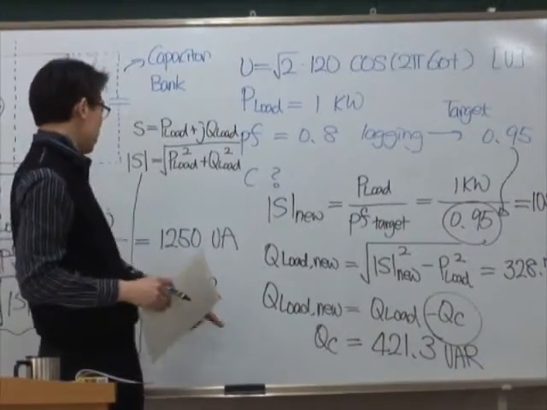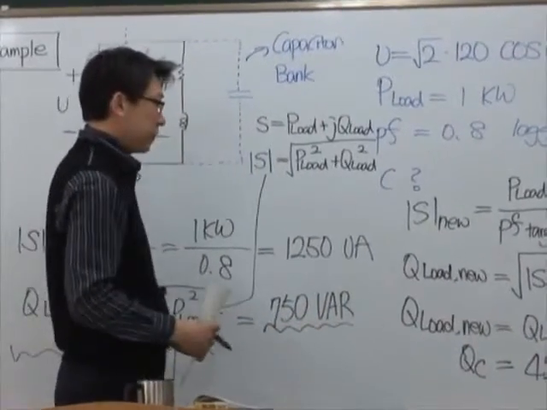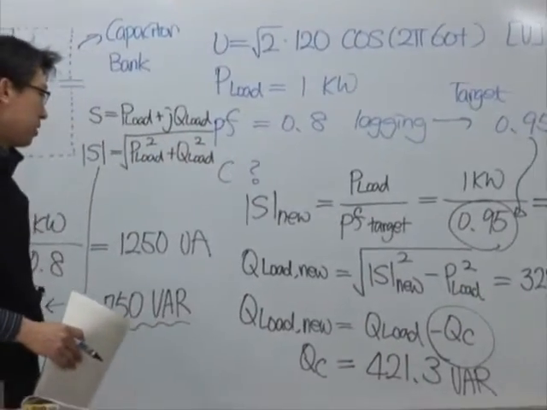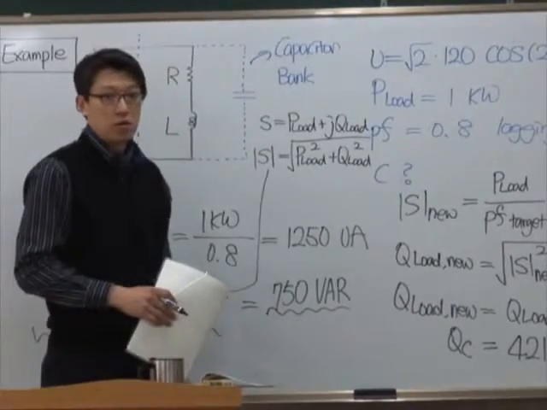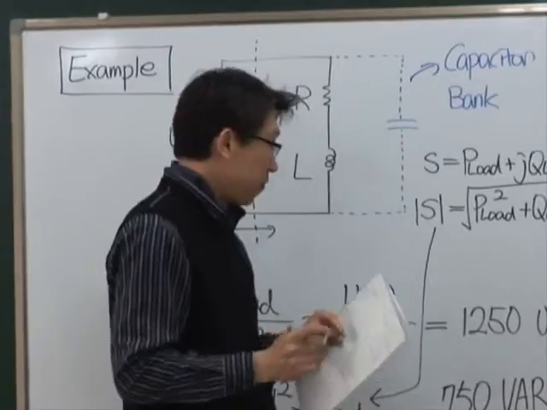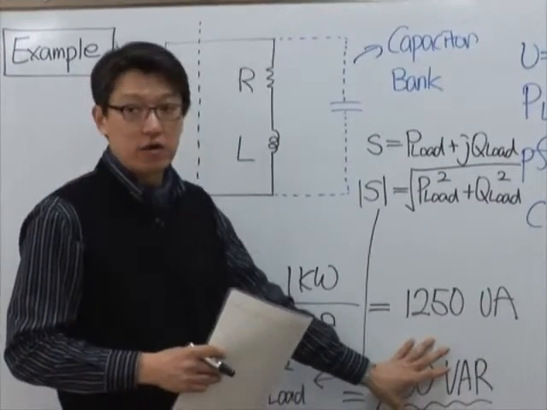So Q load was how much? 750 bar. 750 bar minus 328.7 means QC. Okay? What does it mean? So it's like by adding capacitor bank, we reduce this 750 bar.